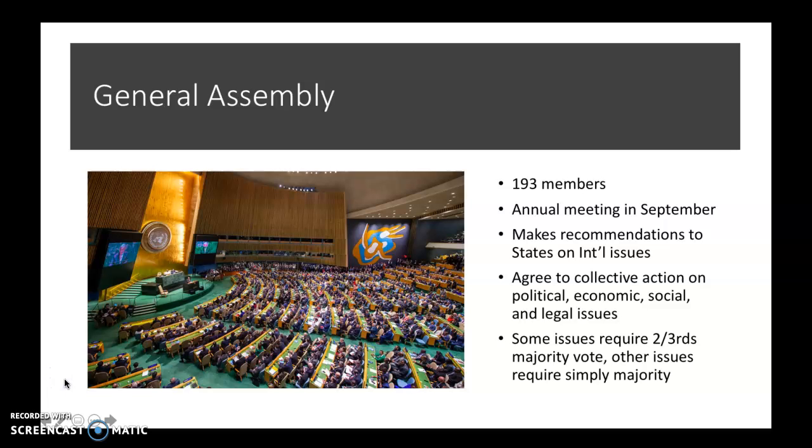You can think of the General Assembly as the legislative arm or branch of the United Nations. So this is where states come together to communicate with one another, coordinate actions, to agree to specific collective action on political, economic, social, or legal issues.